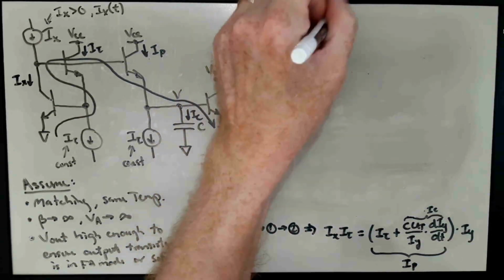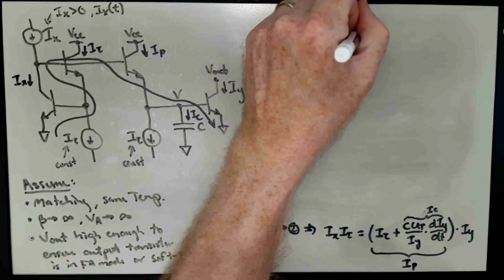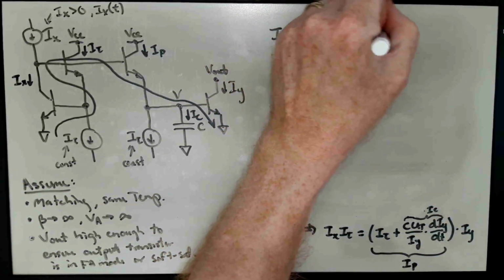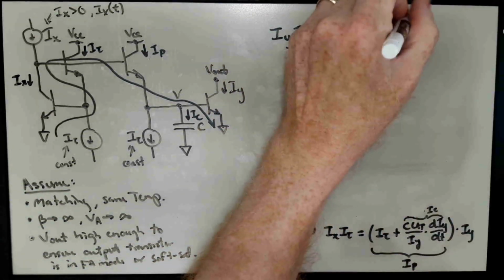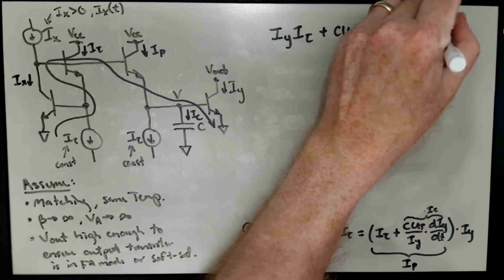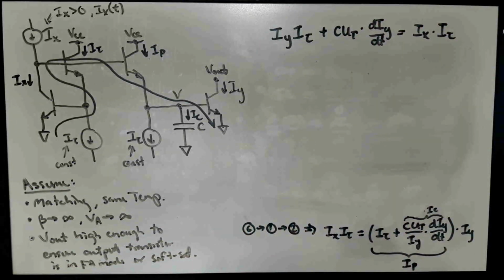So we get Iy I tau plus CUT times diy dt equals Ix times I tau. And now we're going to divide both sides of this equation by I tau.